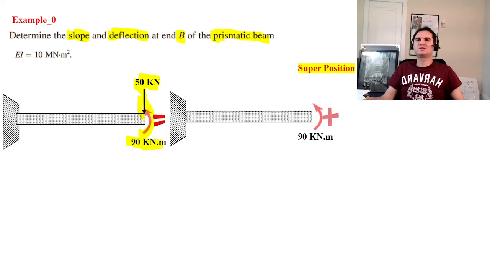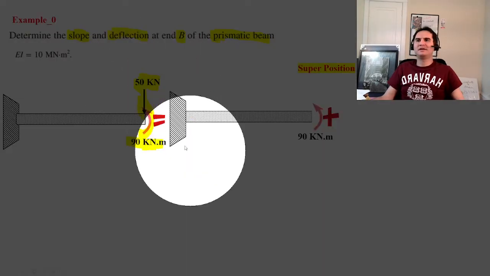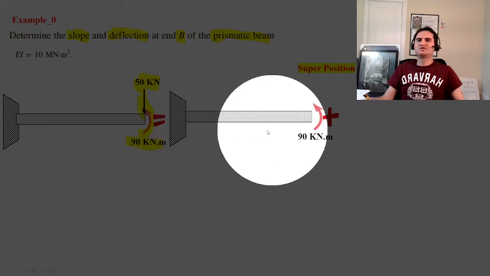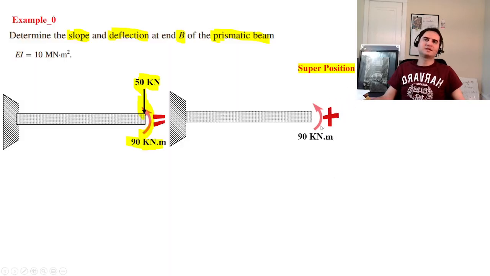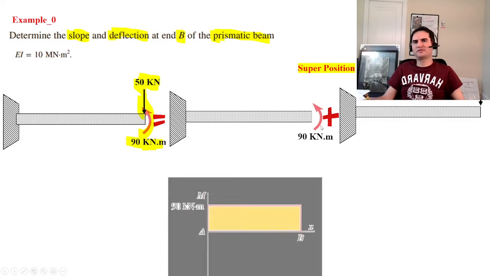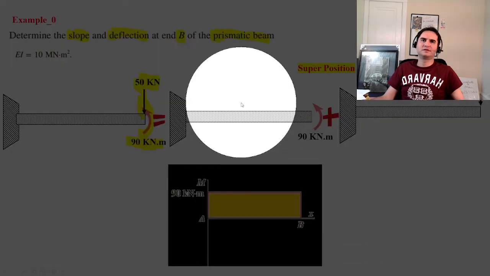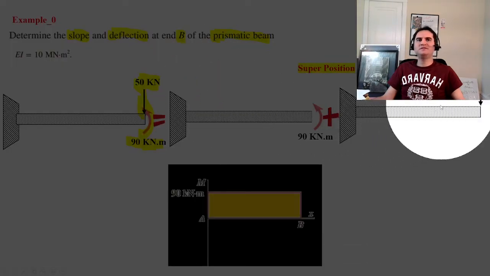So it seems like we have a beam just with a moment of 90 kN·m, plus the same beam with a different loading, just a concentrated load at the free end of 50 kN.